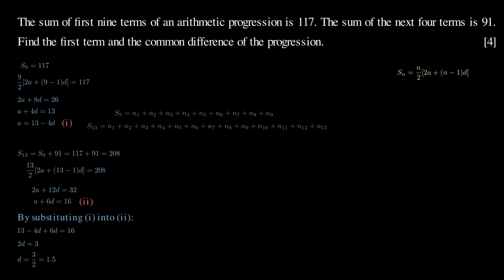Now that we have d, we can go back to the first equation and input the value of d in order to find a. By doing the calculation, we can easily find out that a would equal 7. In conclusion, a equals 7 and d is equal to 1.5, and those are the ones that the problem was asking us to find.